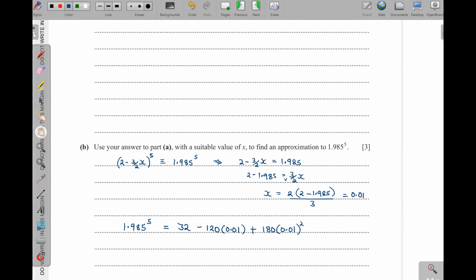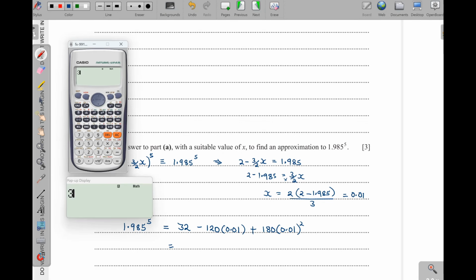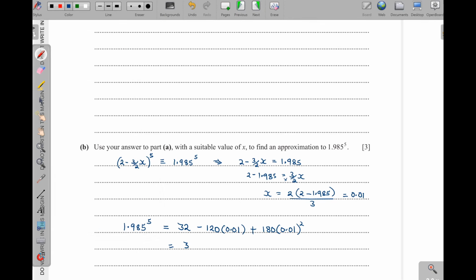So we put this in the calculator and then we write down our answer. 32 minus 120 into 0.01, then plus 180 into 0.01 squared. This one is 30.818. I can leave it there.